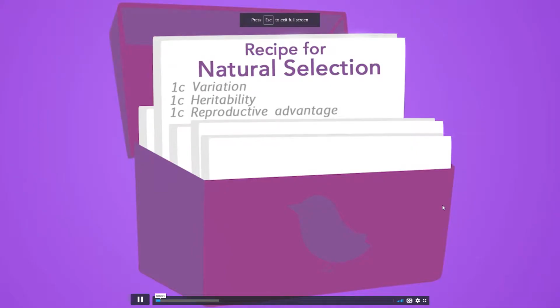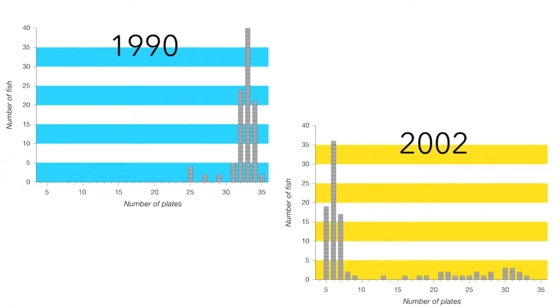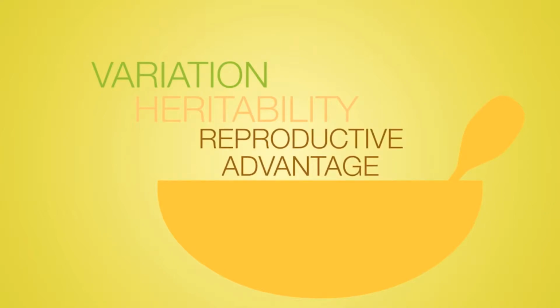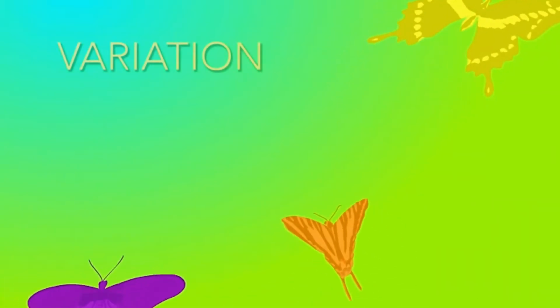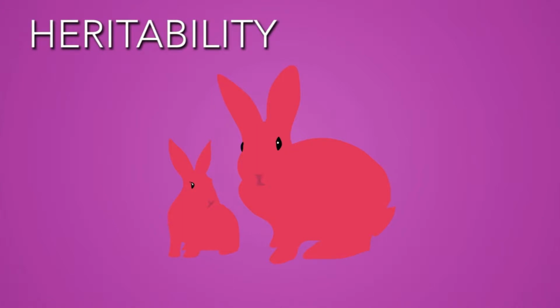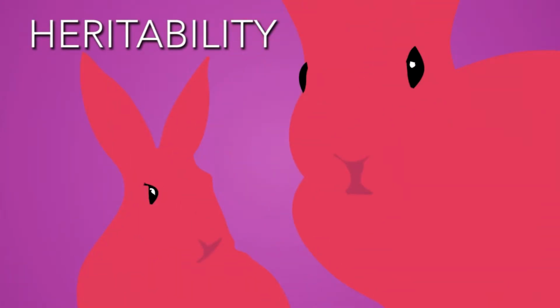Recipe for natural selection. Sometimes a trait becomes more or less frequent in a population over time. But not all change over time is the result of natural selection. Natural selection needs 3 ingredients: variation, heritability, and reproductive advantage. Variation means that for a certain trait there are differences between individuals. Heritability means that those differences come from genes that pass from parents to offspring.